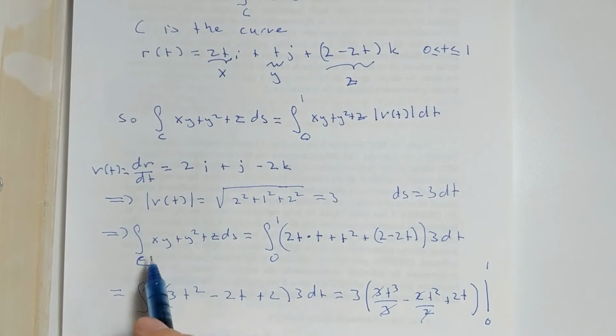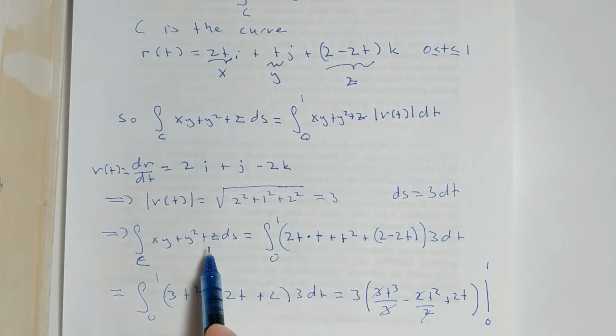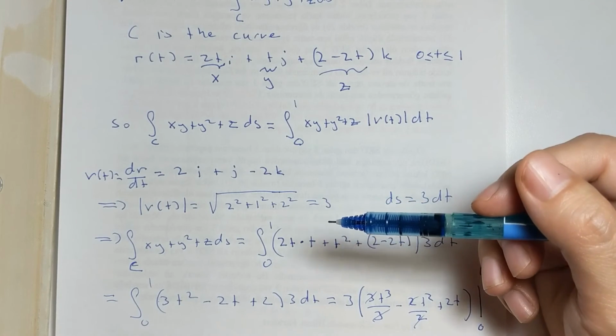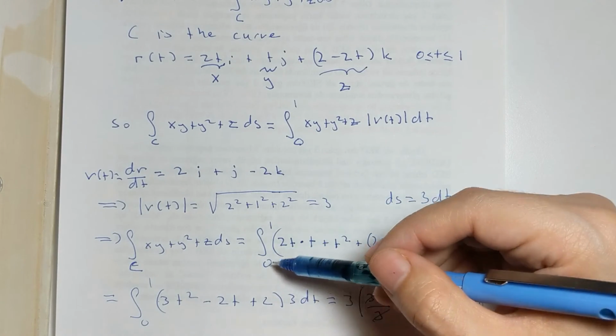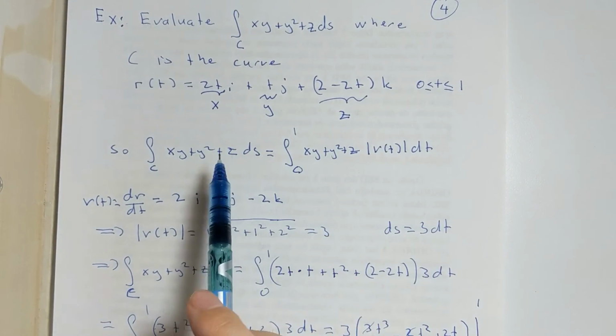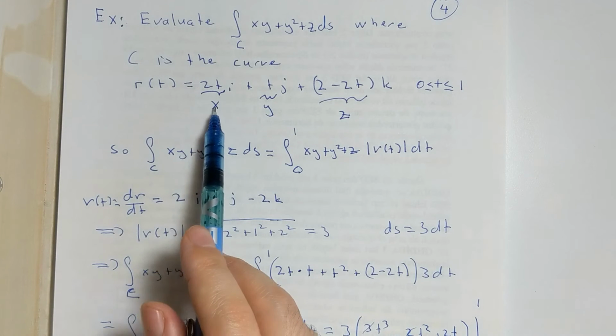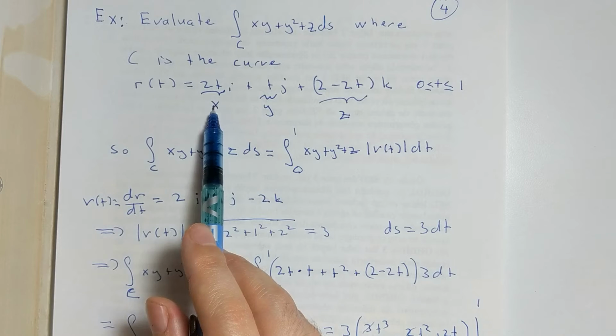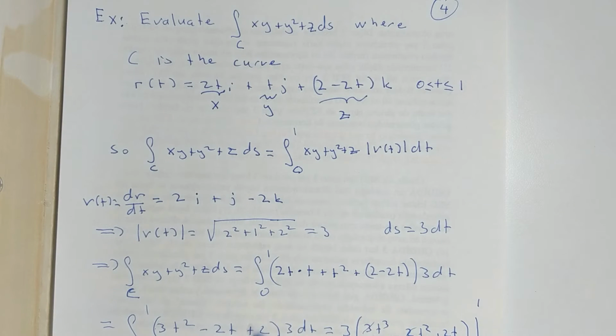So now we can evaluate the integral over the curve, xy plus y squared plus z ds. How can I evaluate that? Well, it's going to be from 0 to 1. Now, remember, I'm pulling the x from the x component of the vector here, so I'm going to plug in 2t for x.